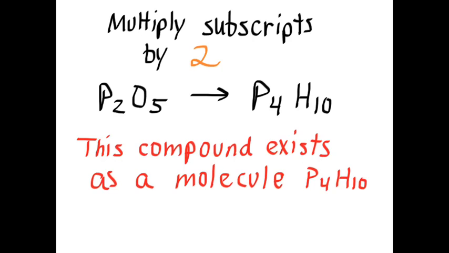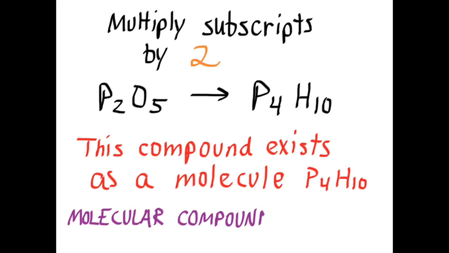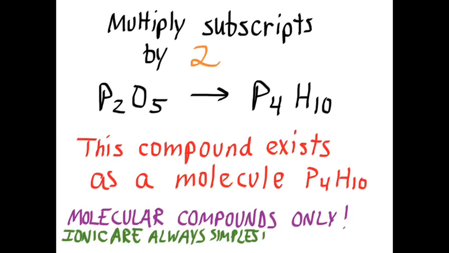This is actually how this compound exists in nature, as a molecule that is 4 phosphorus, 10 oxygen bonded together. Molecular compounds only have molecular formulas. Ionic compounds are always reduced to the simplest form.